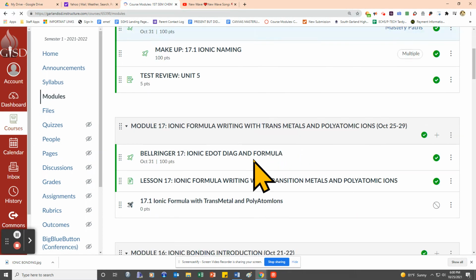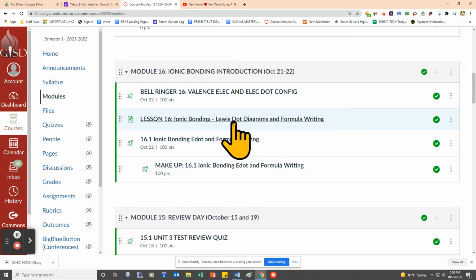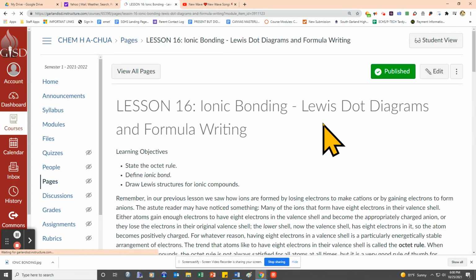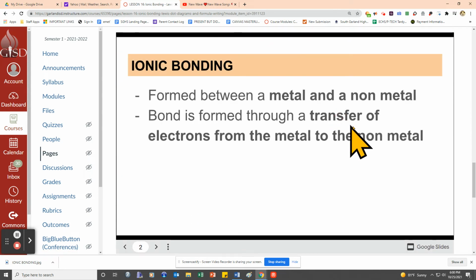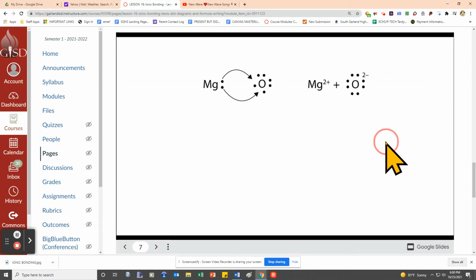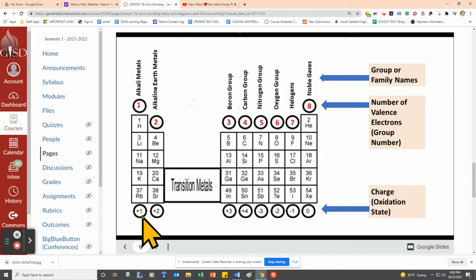If you look at your notes for lesson 16, I gave you that list, it should be in this periodic table right here. You see it? At the bottom, it gives you the charges or oxidation numbers, and at the top, it shows you your number of valence electrons right there. Y'all see it? All right, cool.